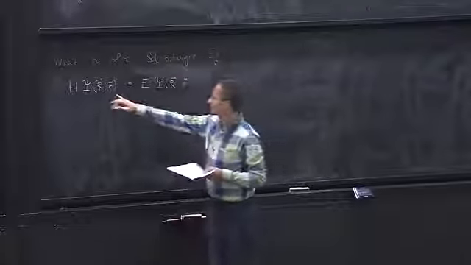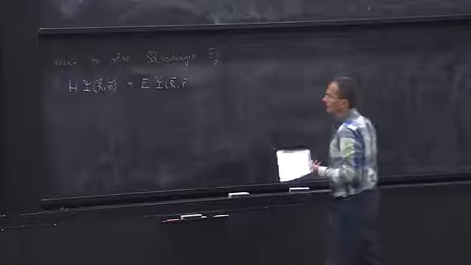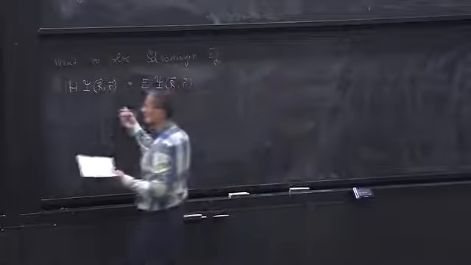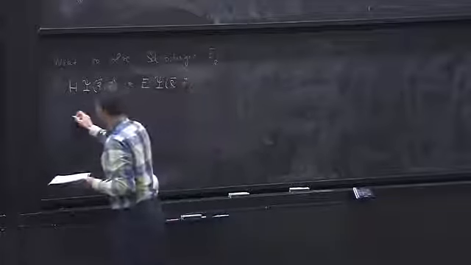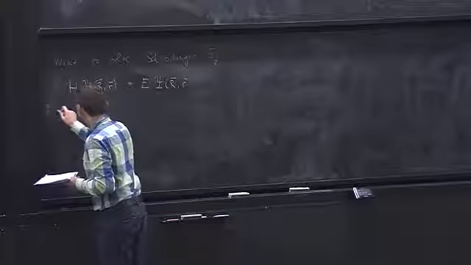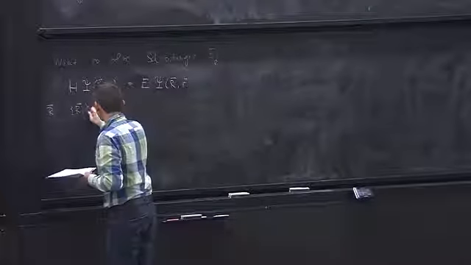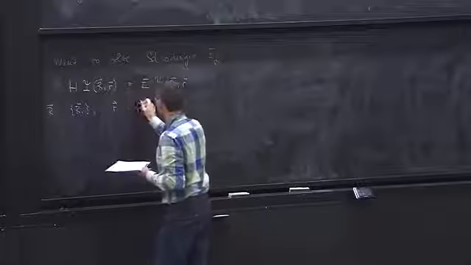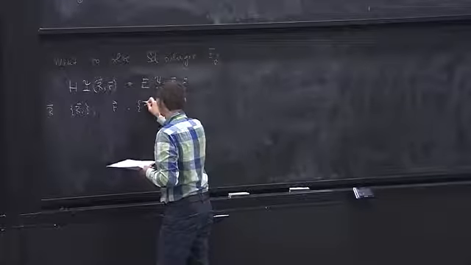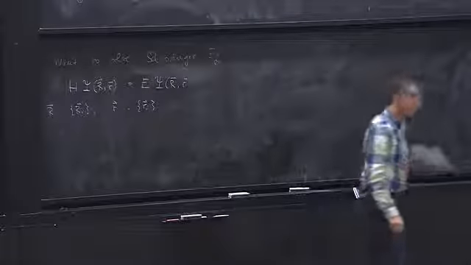And when I write this capital R, little r, that's an abbreviation. This capital R is a stand-in for all the ionic coordinates R_i, and this little r is a stand-in for all the electron coordinates.